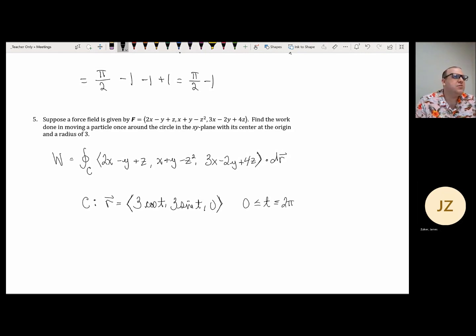Or pi over 2 to 5 pi over 2? Let's get really crazy. Pi over 4 to 9 pi over 4. Like pi over 12 to 25 pi over 12? I mean, we could get some really crazy things. So why 0 to 2 pi?